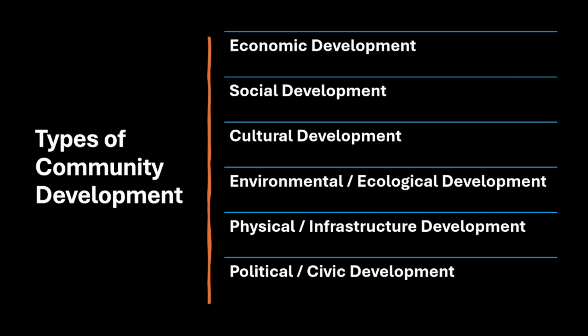Social development. This aims to strengthen the community's social fabric by improving access to healthcare, education, youth services, and support for vulnerable groups. It is about building more inclusive and connected communities where everyone has access to the services they need.